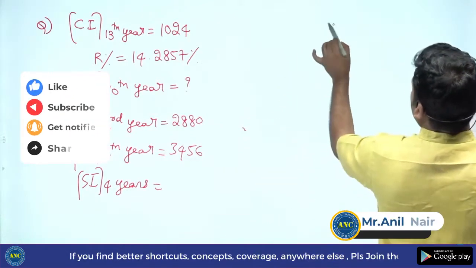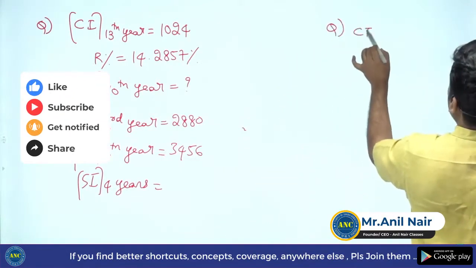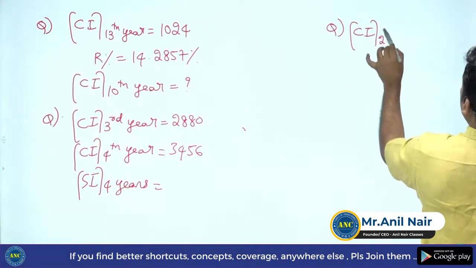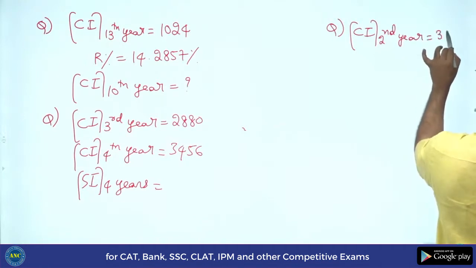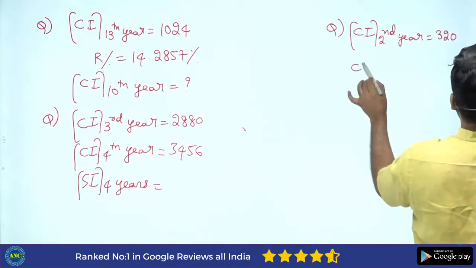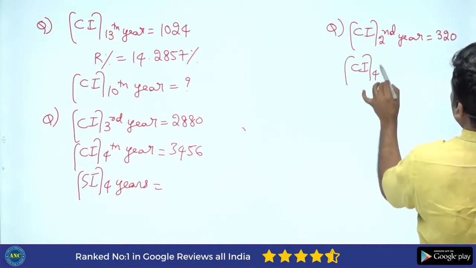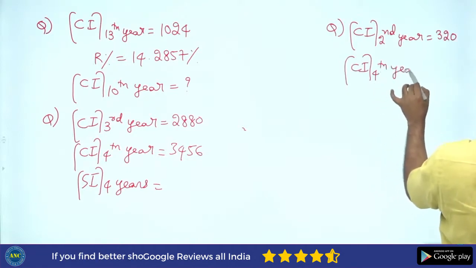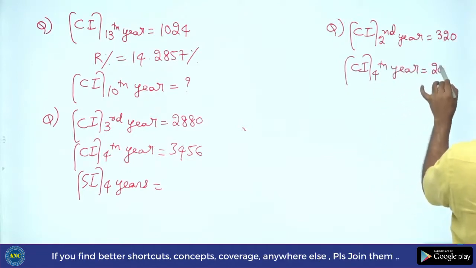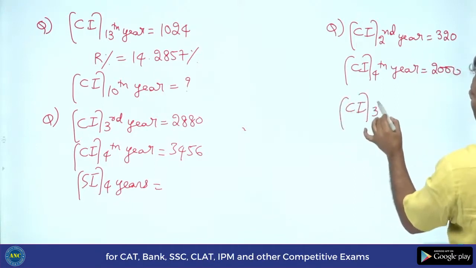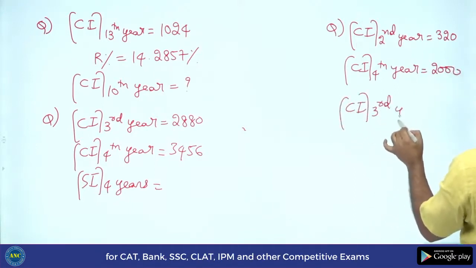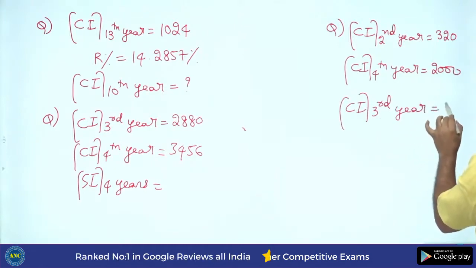Next question. CI for 2nd year is 320, and CI for 4th year is 2000. All use one common concept. CI for 3rd year, how much?